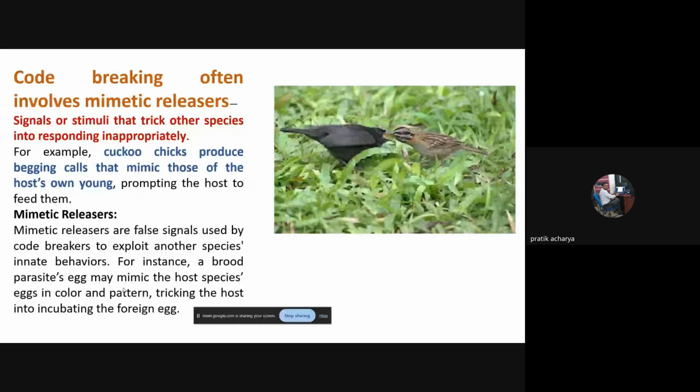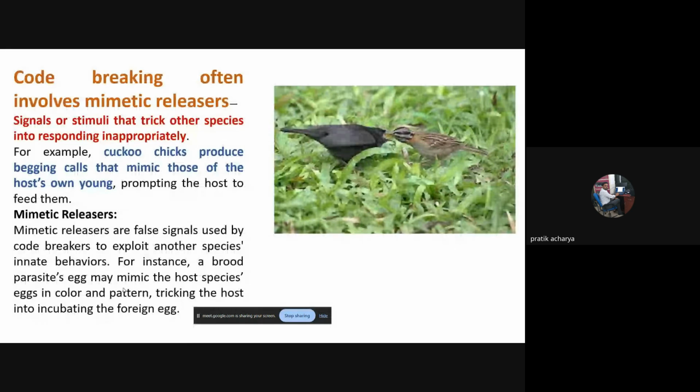That means an organism uses a voice pattern or another kind of behavior for its survival, for predator benefit or for other purposes. So code breaking often involves mimetic releases.